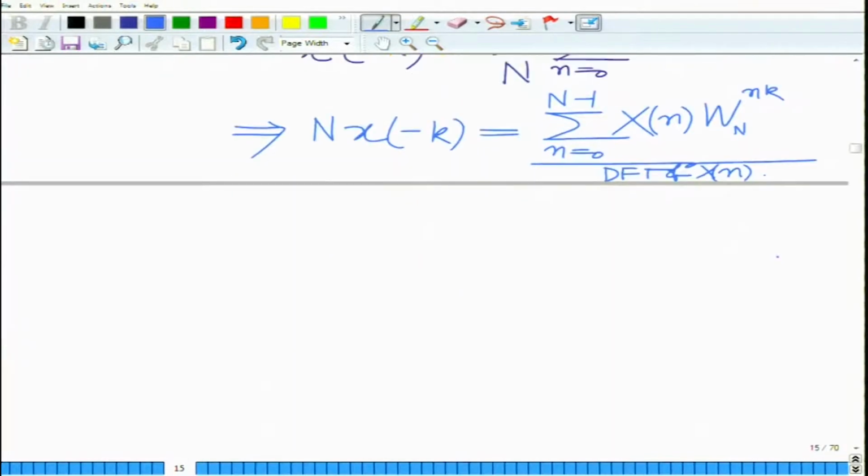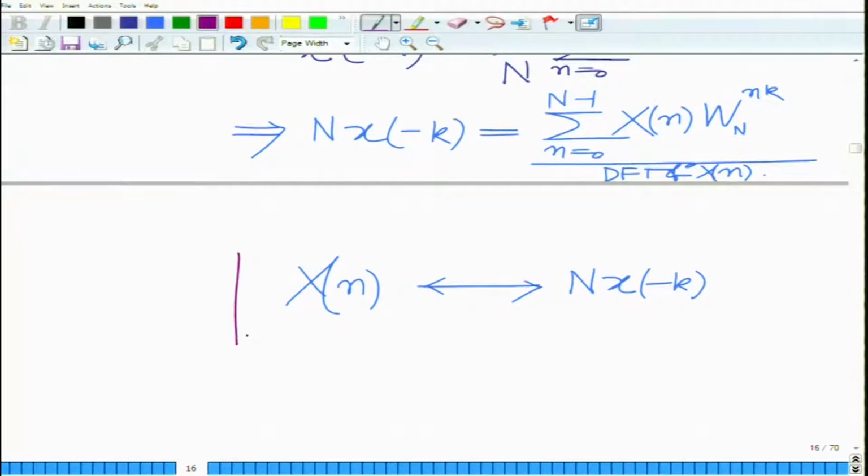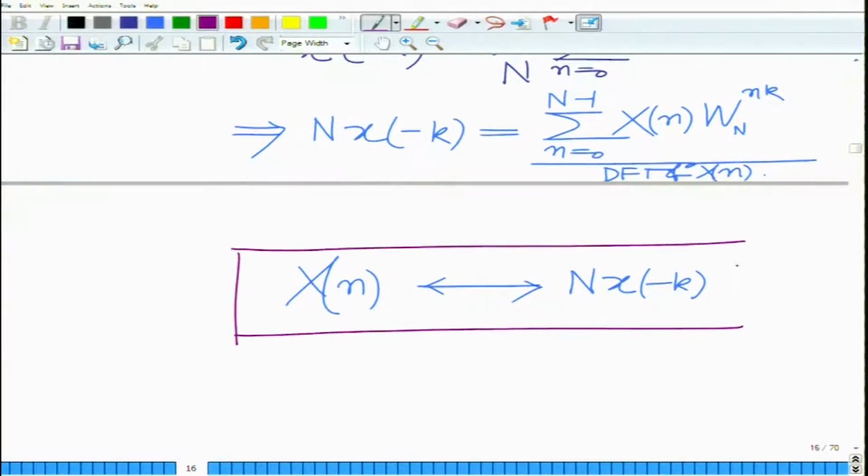So, the sequence capital X n has the DFT coefficients N x of minus k. And of course, remember, everything is always interpreted modulo N. Okay. All right.